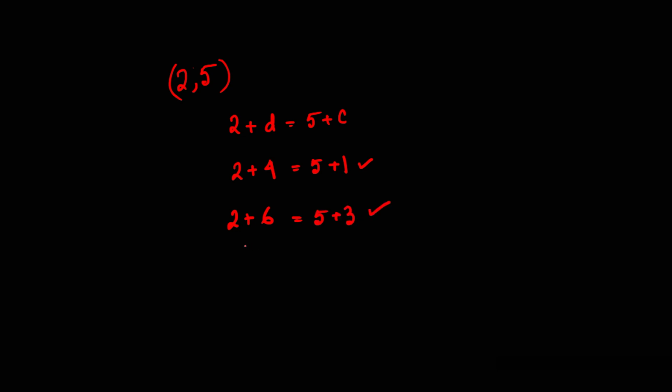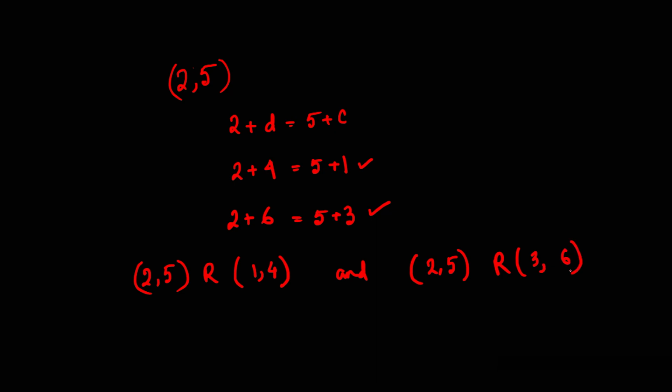So that means (2, 5) is related to (1, 4), and also (2, 5) is related to (3, 6), because (a, b) is related to (c, d) if and only if a plus d equals b plus c.